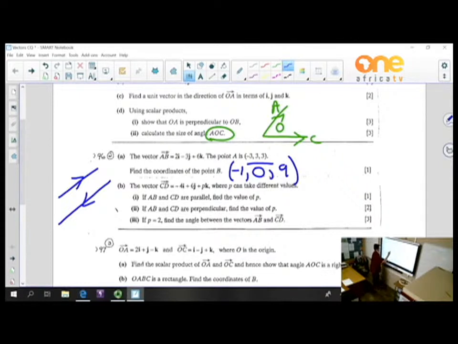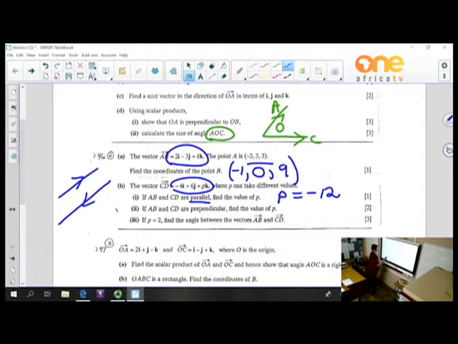Now, if we look here, from 2 to negative 4, I multiply with negative 2. Negative 3 times negative 2 is 6. So I have to multiply the 6 there with negative 2, which makes P equal to negative 12. P is then negative 12. So that's when they are parallel.